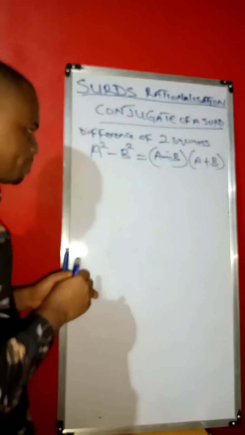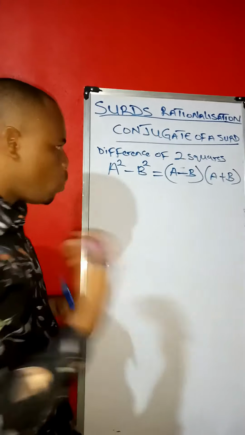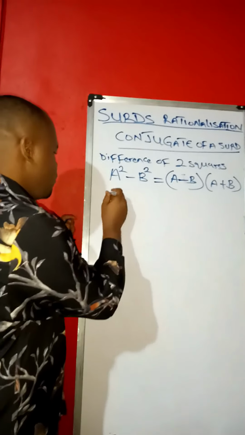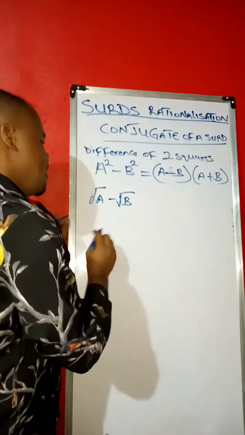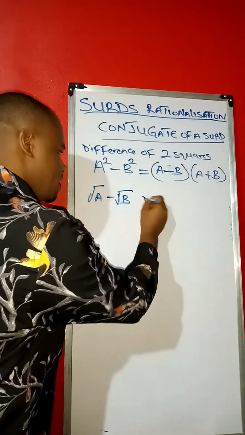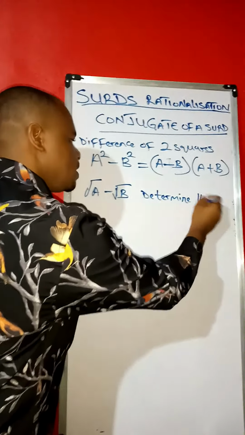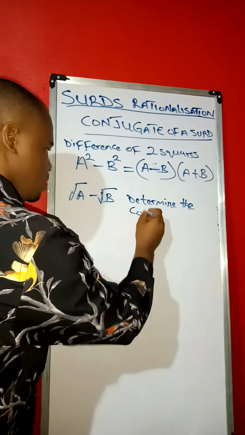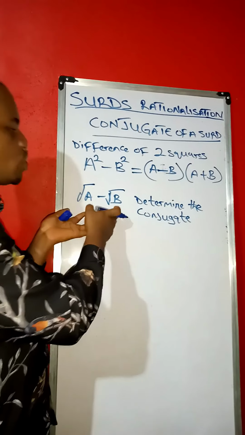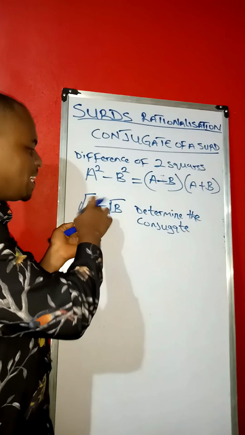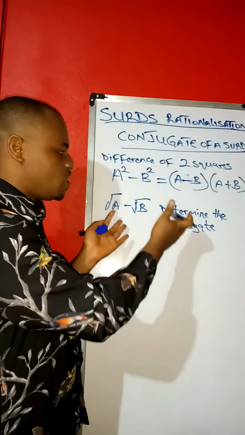Now, these two are conjugates of each other. What does conjugate now mean? If I'm given root a minus root b, and I'm asked to determine the conjugate, the conjugate of a surd is just changing the sign that separates the two surds, the two irrational numbers.